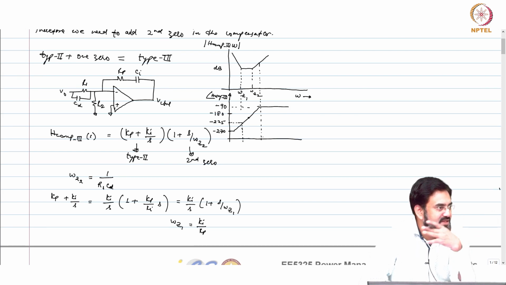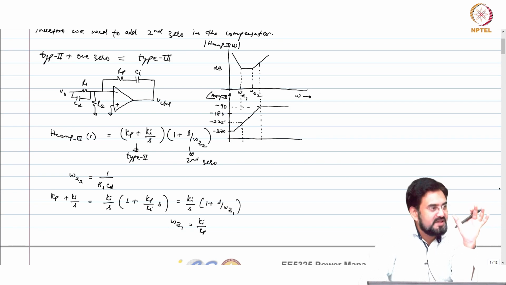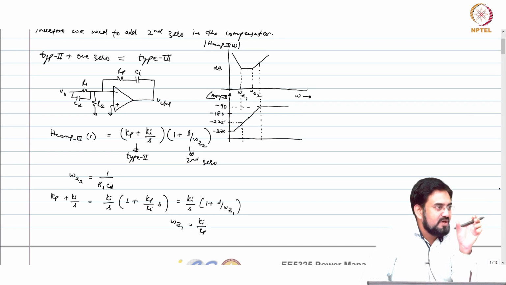So plus 90 minus 90, gone, 0. Now the phase boosting you are getting only because of omega Z2. How far omega Z2 is from UGB will decide your phase margin: tan inverse of omega UGB over omega Z2.